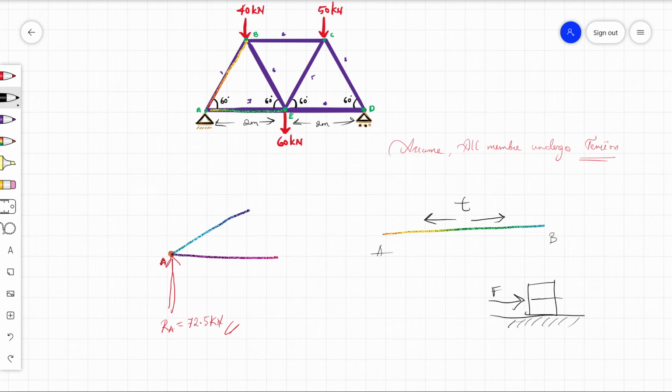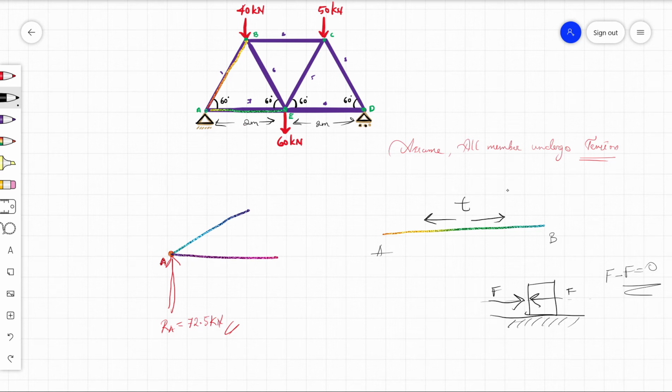One should apply the opposite force over there with the same magnitude, in the same line of action. Then F minus F happens, which is equal to 0. So this is why we are looking for an equilibrium equation.